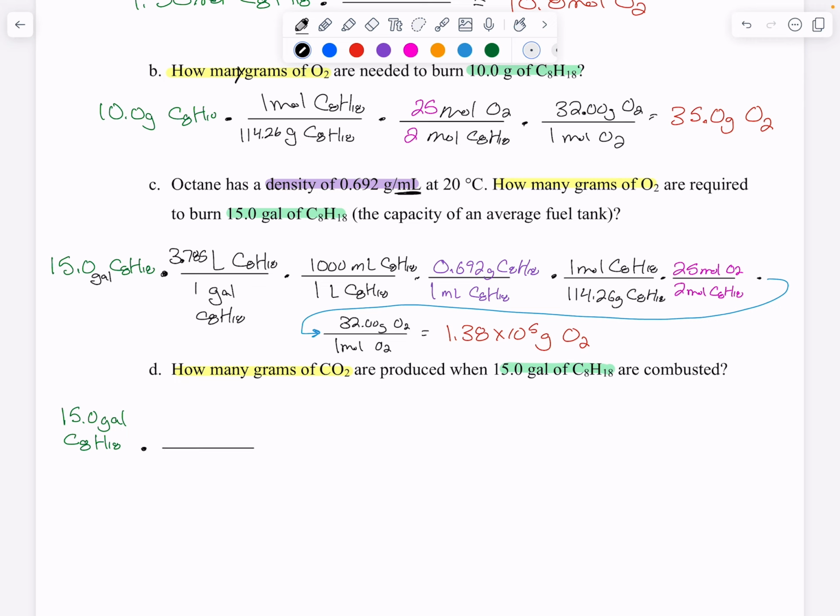And we know one gallon of C8H18 is 3.785 liters of C8H18. And we know 1 liter of octane is 1,000 milliliters.